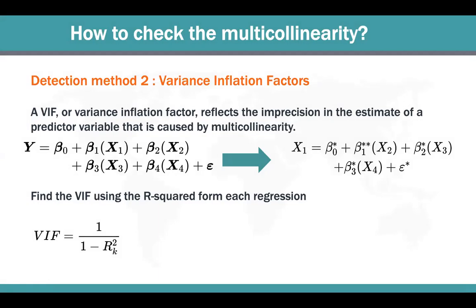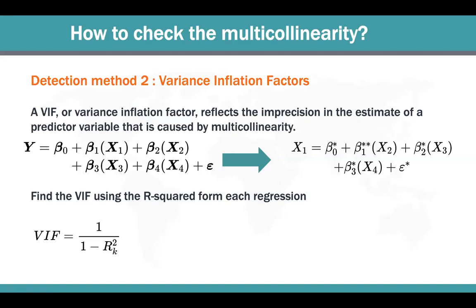The way to calculate the variance inflation factor for each of the X variables is to create an auxiliary regression for each of the X variables. The auxiliary regression is a kind of simulated regression.